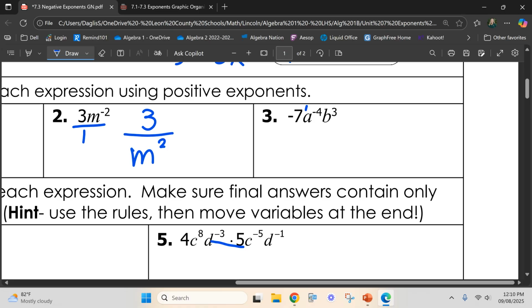Technically, there's a 1 right there. Is that a negative number? No. So negative 7 is fine. a to the negative 4, that's misplaced. b to the power of 3, that's fine. So negative 7 and b cubed are not to be moved. But a to the power of 4, that's what gets bumped down.